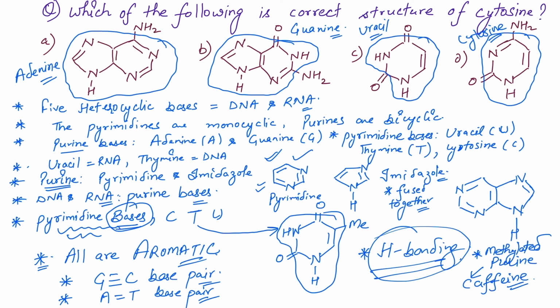So it can be extracted with supercritical CO2. This is also an important question. So our question was, which of the following is correct structure of cytosine? So D is our correct answer.